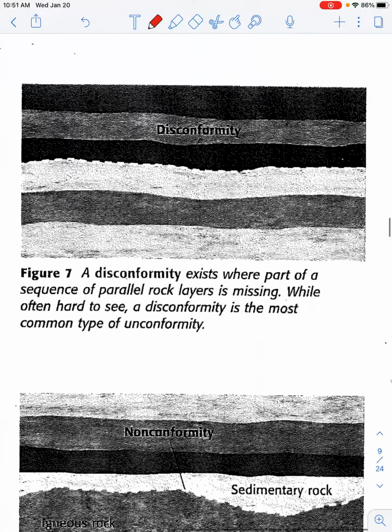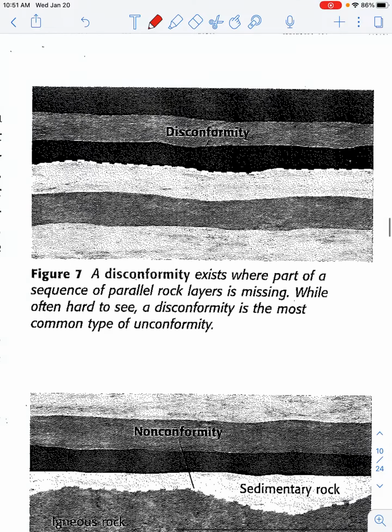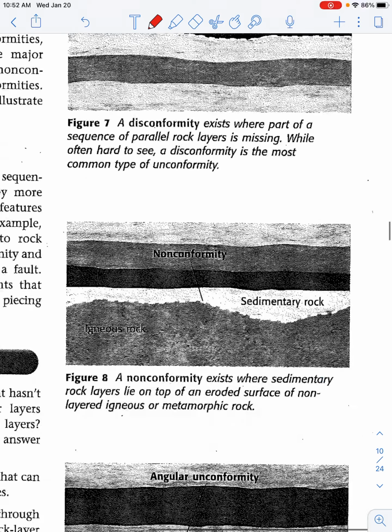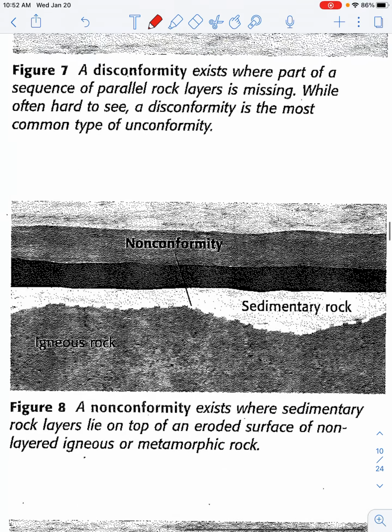So figure 7, a disconformity exists where part of a sequence of parallel rock layers is missing. While often hard to see, a disconformity is the most common type of unconformity. Then the next one is called a nonconformity. A nonconformity exists where sedimentary rock layers lie on top of an eroded surface of non-layered igneous or metamorphic rock.